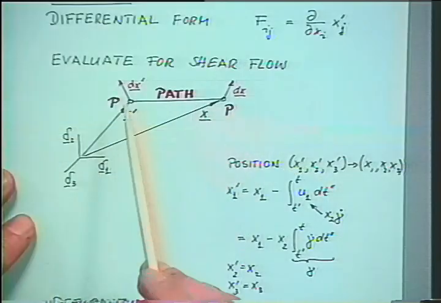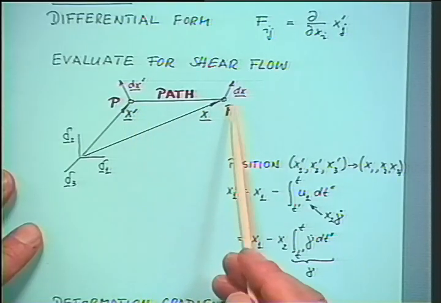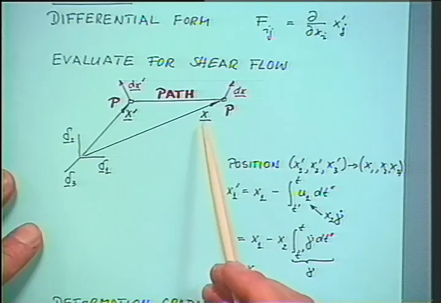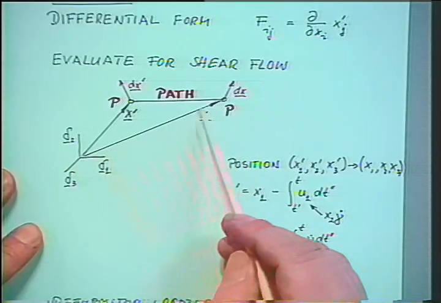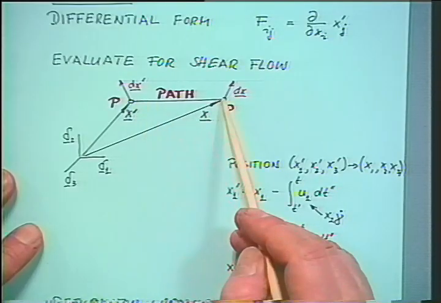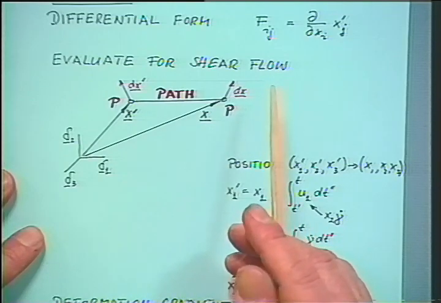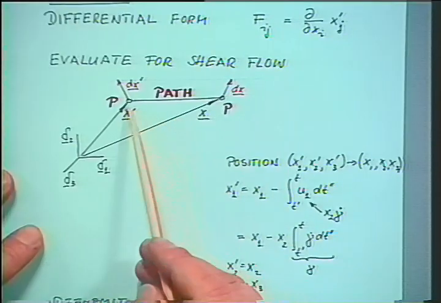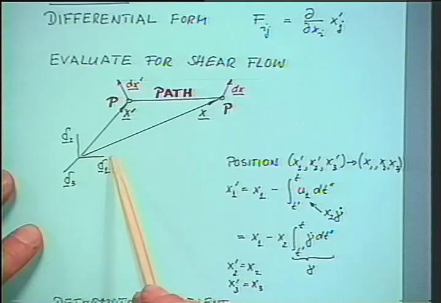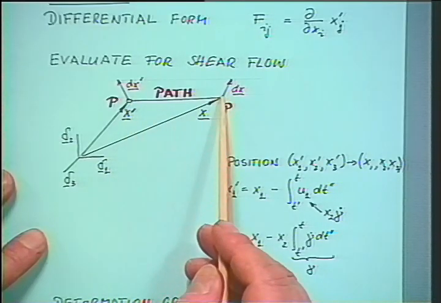We look at a material point P at time t prime, which moves along a path to its new position P at time t. So this is then denoted with this material vector x at time t. So the same point at two positions. Now, I'm doing this for a very simple flow. I'm using shear flow, where material paths are parallel to the one direction if we choose that type of coordinate system. Okay, so the material is just moving along the one direction.